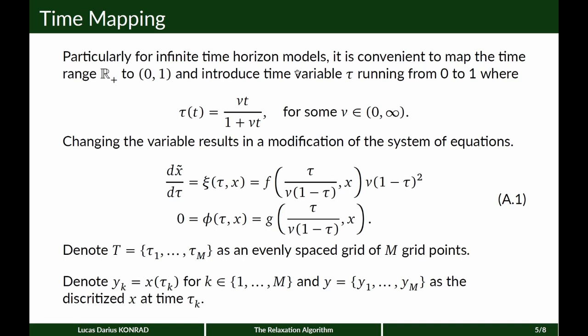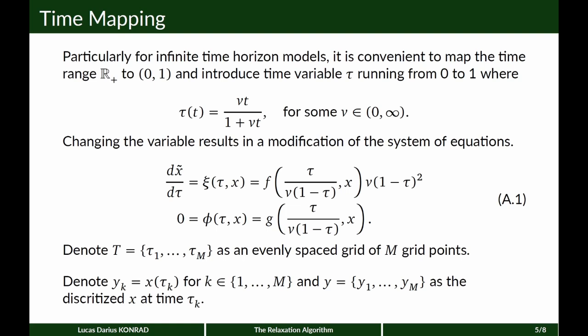So we introduce this time variable tau, because t is reserved for the running variable that runs from 0 to infinity. We now need a new running variable that goes from 0 to 1. In this case, as the authors of the original paper also do, we employ this mapping from 0 to infinity to 0, 1.